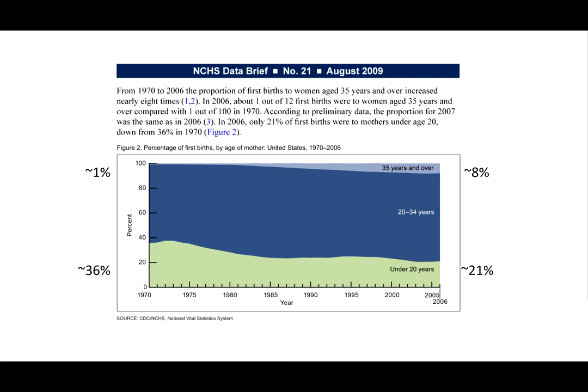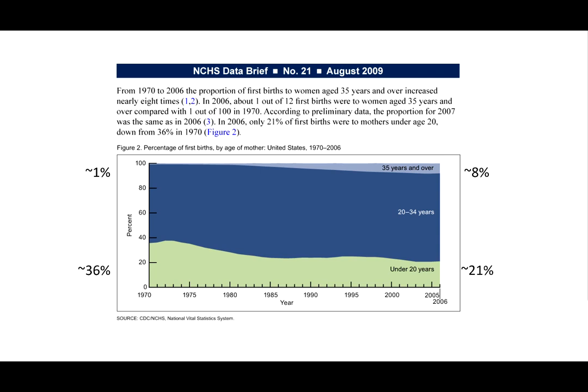And then move your eyes to the top of the graph. In 1970, fewer than 1% of first births were to women who were over the age of 35, and in 2006 it was 8%. So many women choosing to have their first child a bit later in life over just these 36 years.